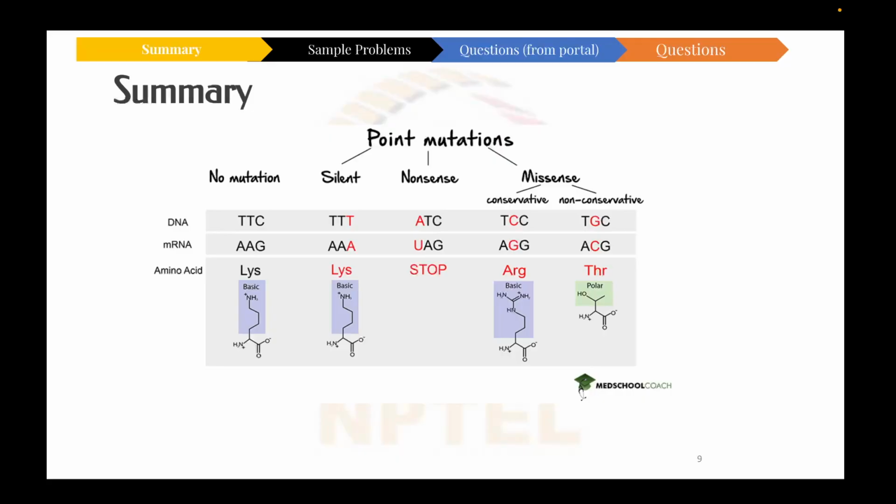If one forms through mutation, it can have a tremendous impact on the protein. For example, if the nonsense mutation happens at the beginning or middle of a protein, this can result in a significantly truncated protein that may not function at all. If the mutation happens at the end of a protein sequence, the effect may not be as significant.